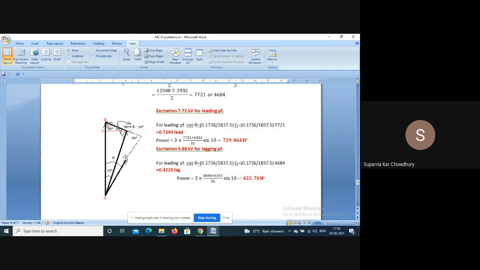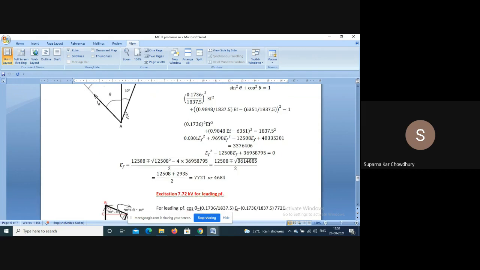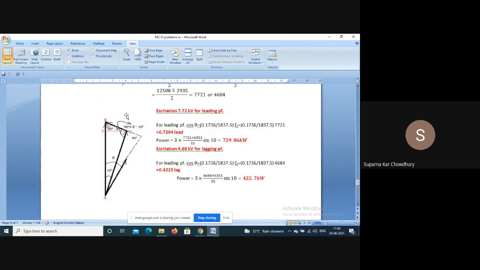Now that one I have derived for the leading power factor phasor diagram. Now if we consider a lagging power factor phasor diagram, this is your Vt, this is the lagging power factor current Ia flowing.